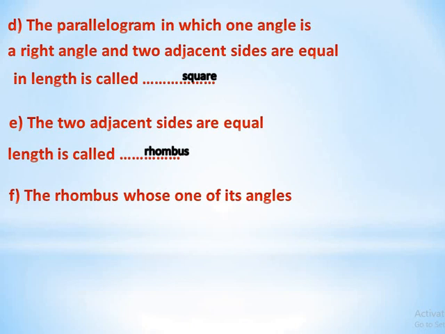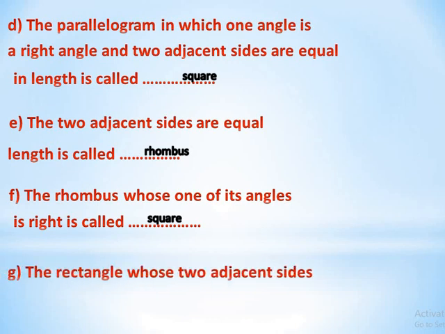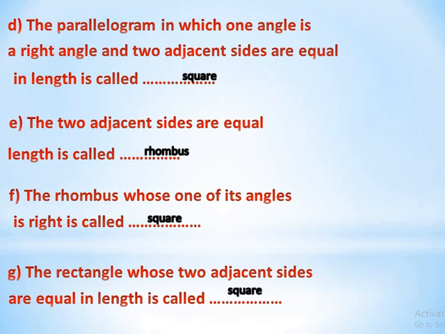Letter F, the rhombus whose one of its angles is right is called a square, because the rhombus has equal sides and one of its angles is right. Letter G, the rectangle whose two adjacent sides are equal: a rectangle has right angles and all sides equal, so it will also be a square.